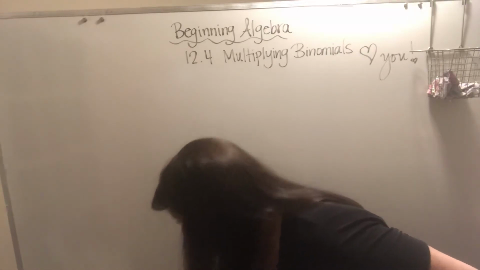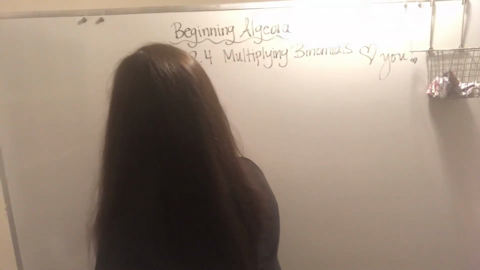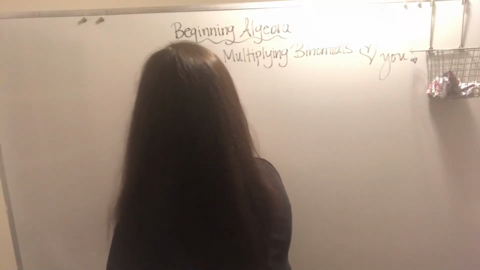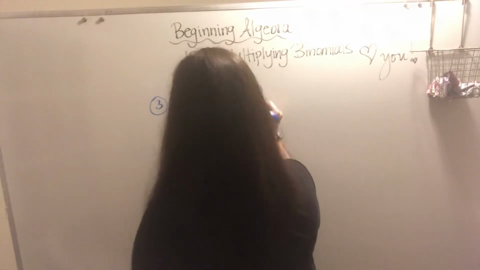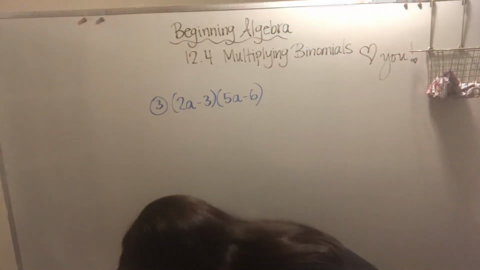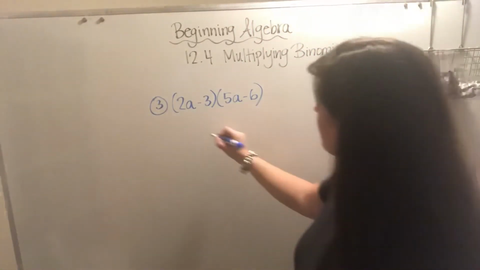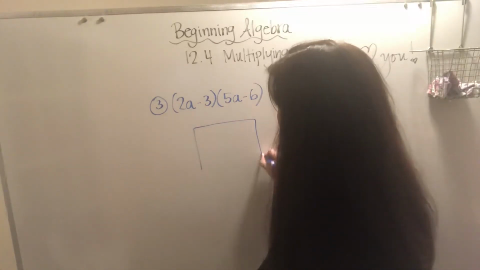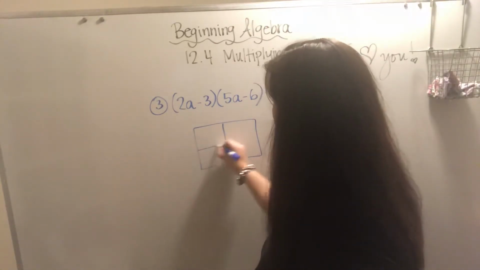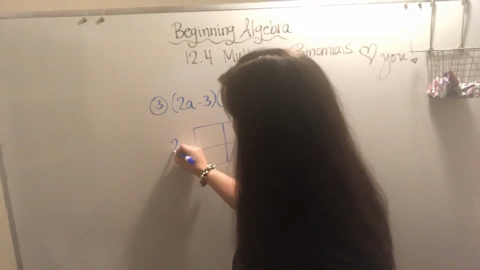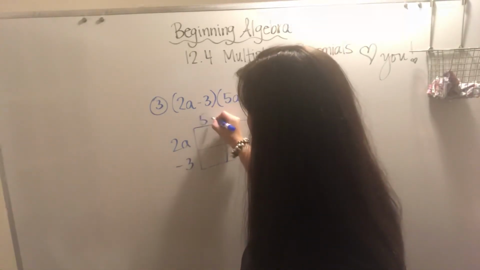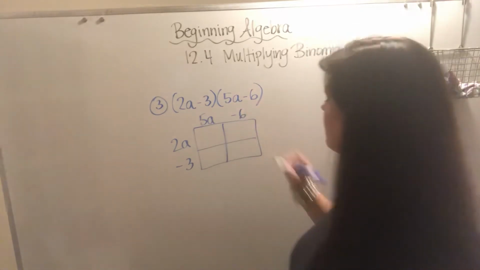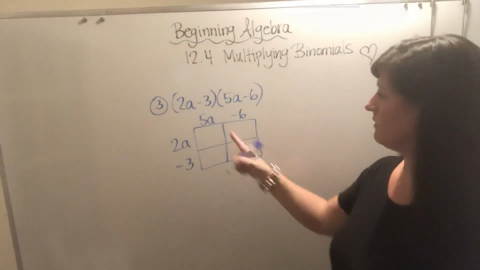Let's look at number 3 from your checkpoint. I've got 2a minus 3 and 5a minus 6. Make sure I wrote that correctly. 2a minus 3, 5a minus 6. I'm going to go magic box on this. 2a minus 3, 5a minus 6. Again, those signs are important.